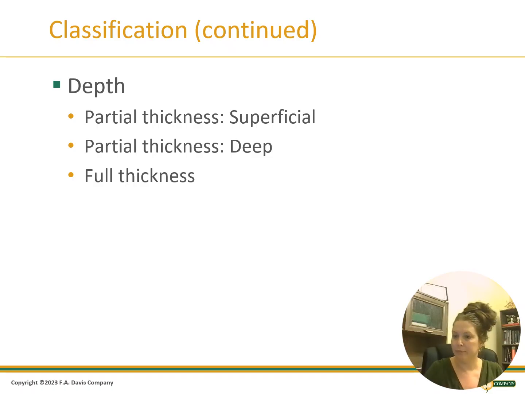Okay. And then moving on to the full thickness, this was once the third degree burns. This is going to be damage to the entire epidermis and dermis that extends into the cutaneous tissue. We're going to have nerve damage here, severe edema. It can appear red, black, brown, white, yellowish, no blisters.